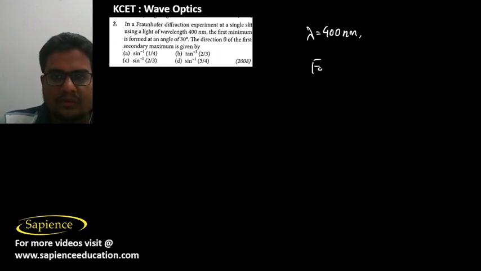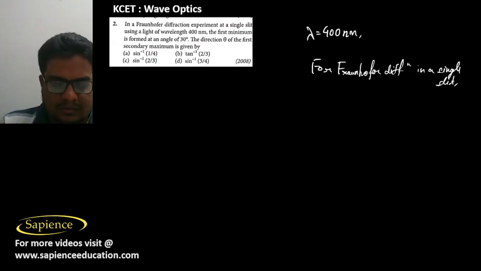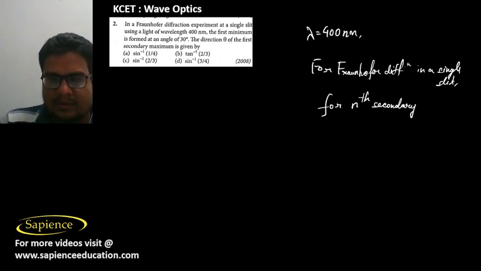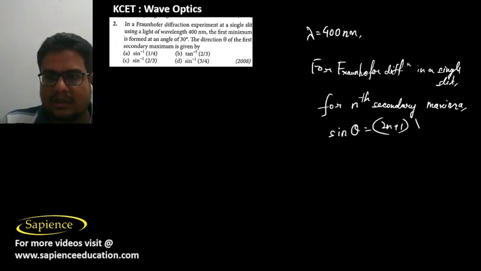So for Fraunhofer diffraction in a single slit, for the nth secondary maxima, the angle theta is given as sine theta equals (2n plus 1) lambda by 2a.